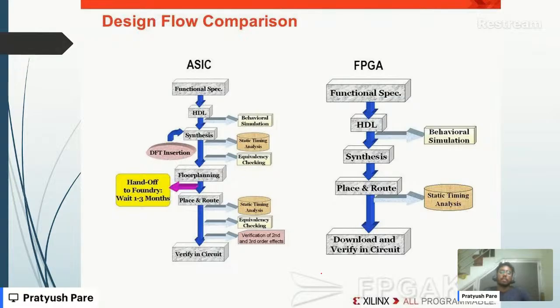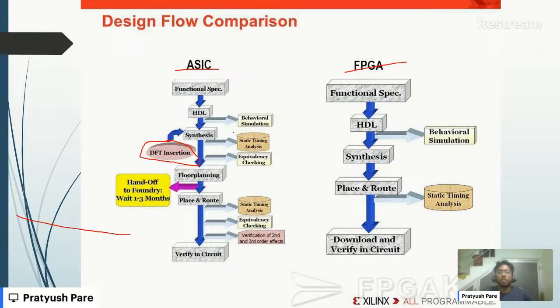Okay, so the basic difference between ASIC and FPGA comes right after the design itself. In FPGA we don't need to debug anything, so we don't need the DFT insertion logic.